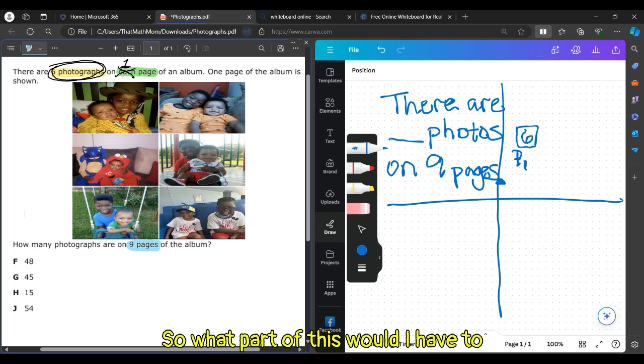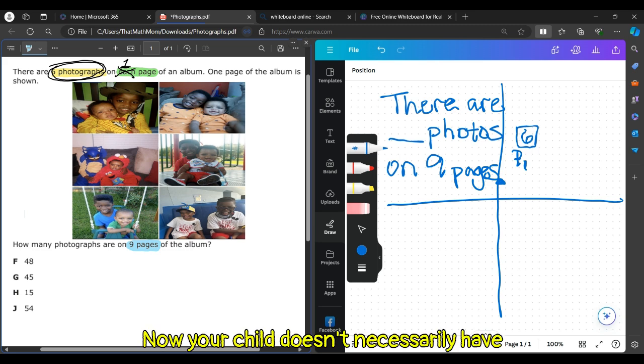So what part of this would I have to expand or grow to show 9 pages? Well, my pages are the boxes. So if one page is one box, I need to represent 9 boxes now.